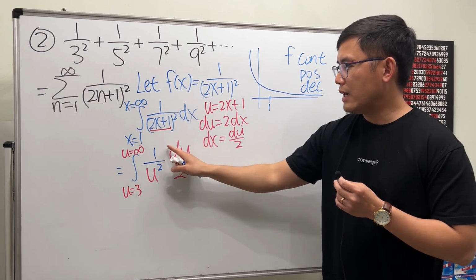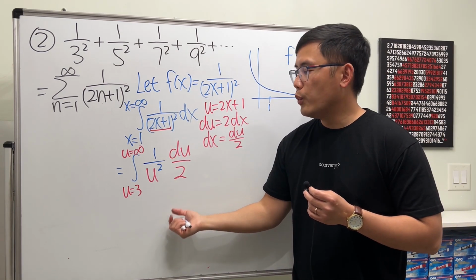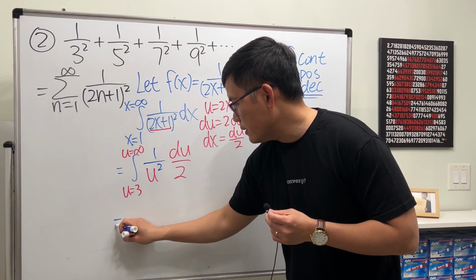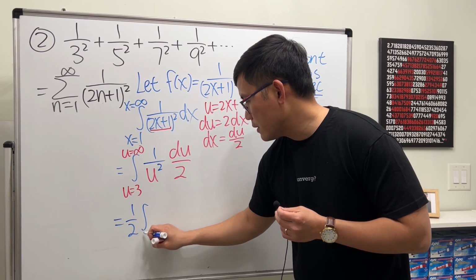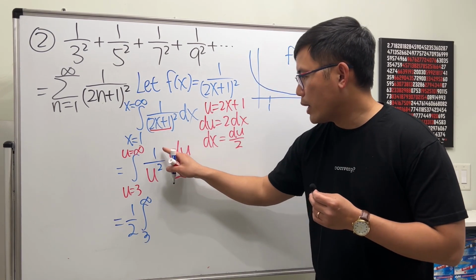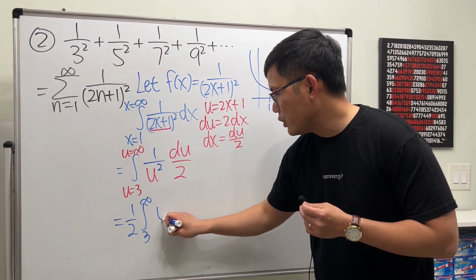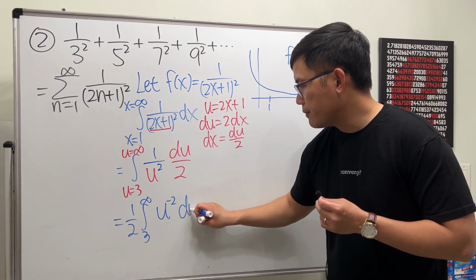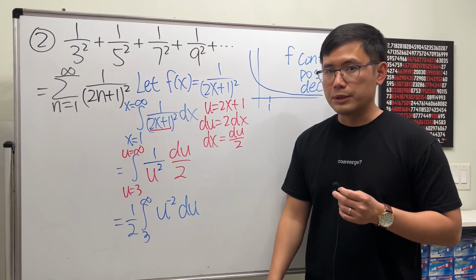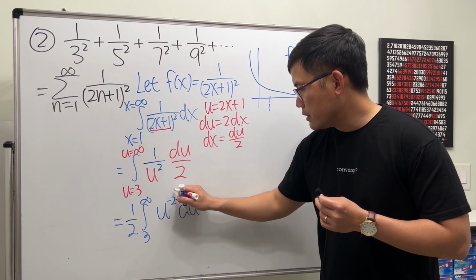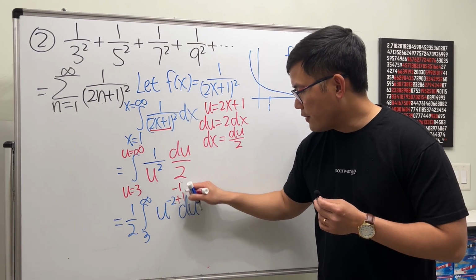Now for this, we have 1/2, it's a constant multiple. We can put that in the front of the integration. And then write 1 over u squared as u to the negative 2 so that we can use the reverse power rule. Add 1 to the power and then divide it by the new power.